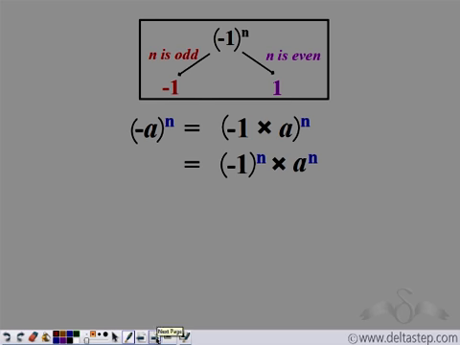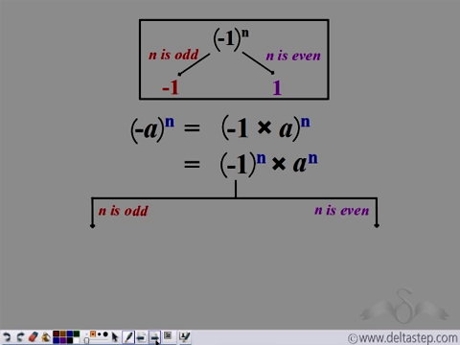Now there are two possibilities for n. Either n will be odd or n will be even. When n is odd, this will be negative 1. So when n is odd, then negative a to the power n will be negative 1 into a to the power n, which is equal to negative a to the power n.